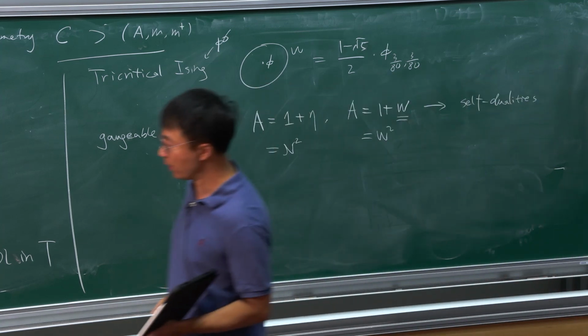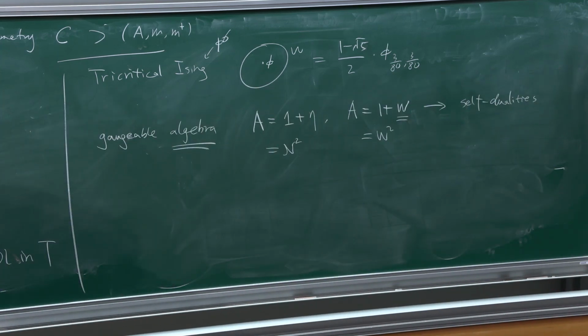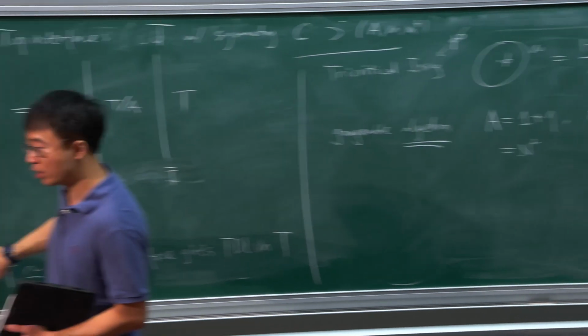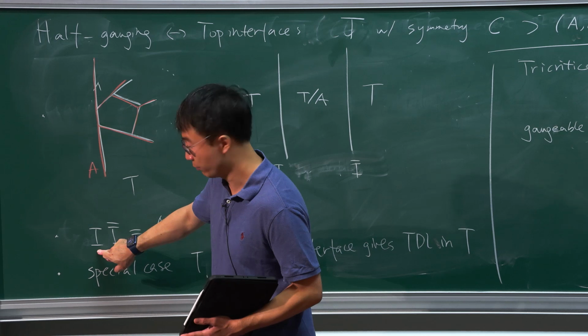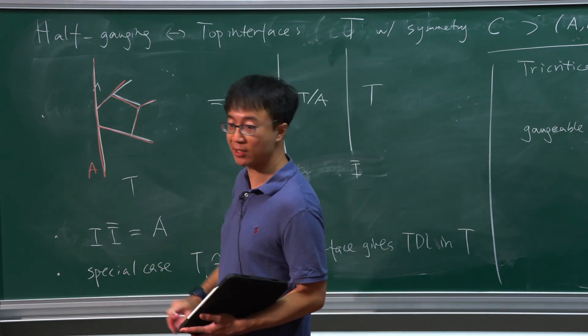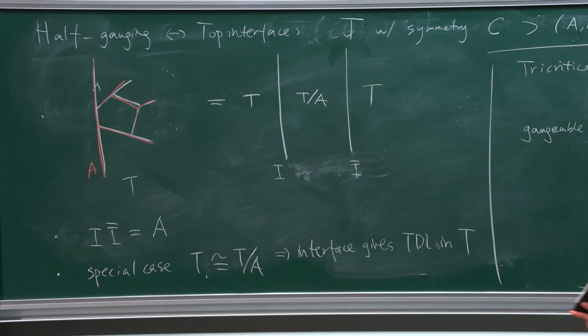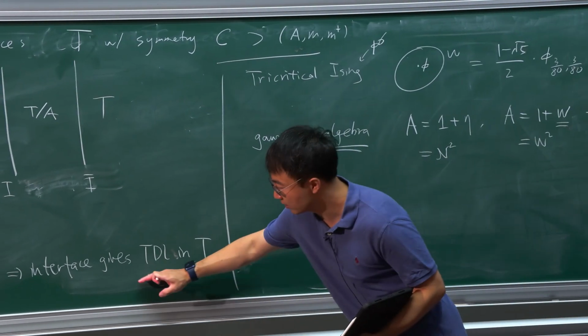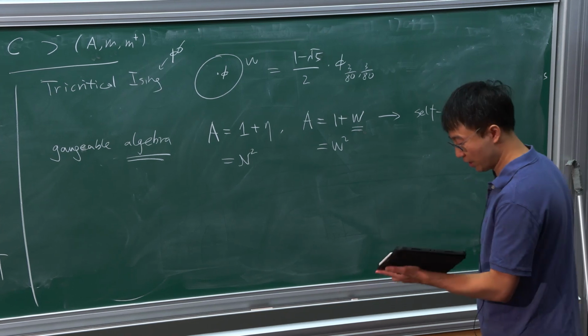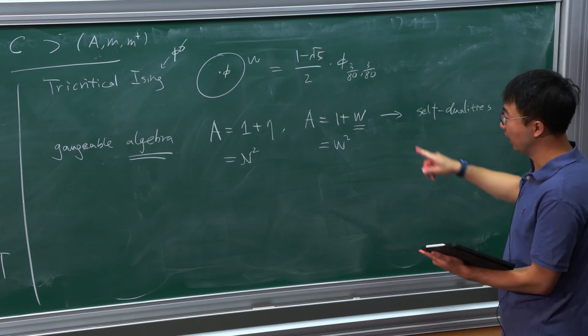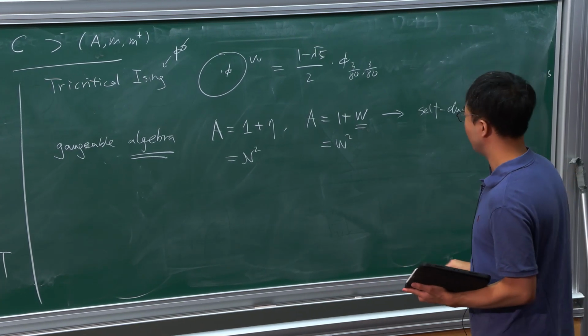If you go back to this picture, this amounts to saying that the algebra object you gauge can be factorized into topological defects, which are a special case of interfaces between the same theory. And it follows from the second line that the theory is self-dual under this gauging process. This is something you can explicitly check.